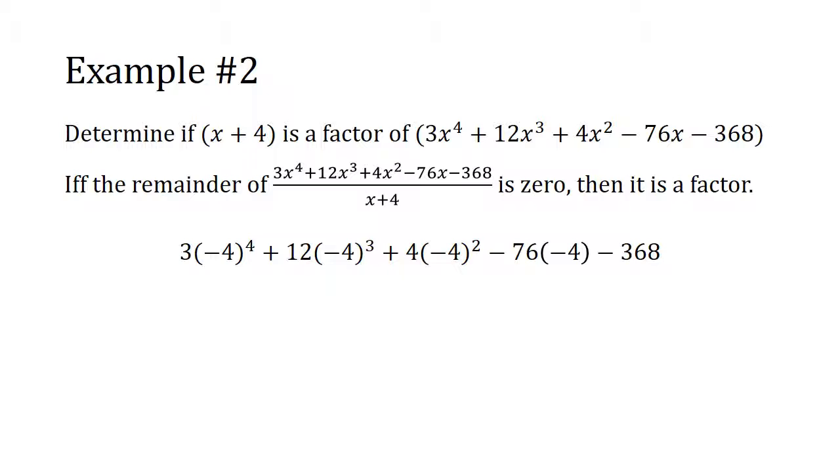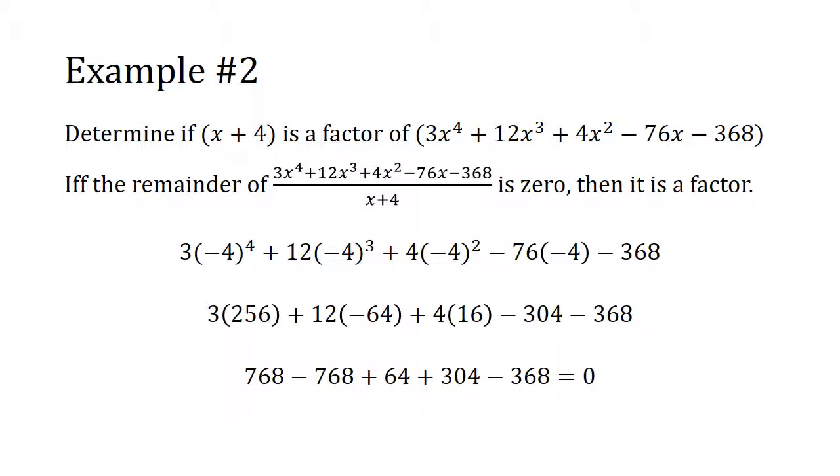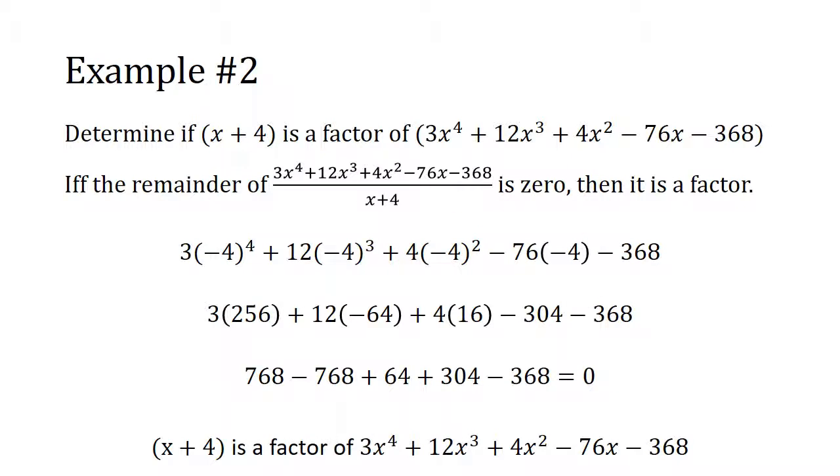So if we evaluate this, we get 768 minus 768, so that's 0, plus 64 plus 304 minus 368. That's just a calculation, and we get 0, which means that yes, x plus 4 is a factor of this.